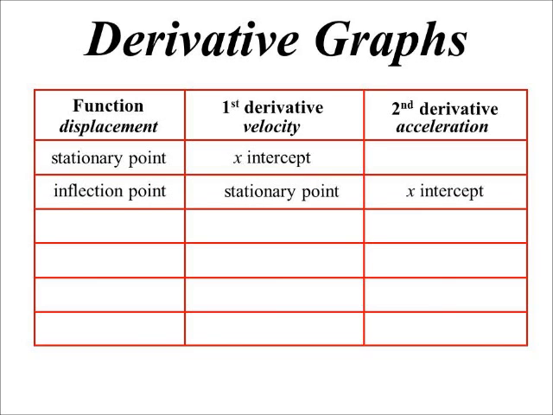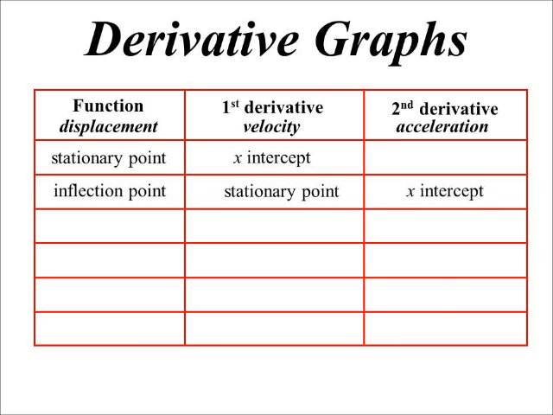If I had an inflection point on the original graph, then it would be a stationary point on the first derivative graph. And it would be an x-intercept on the second derivative graph.